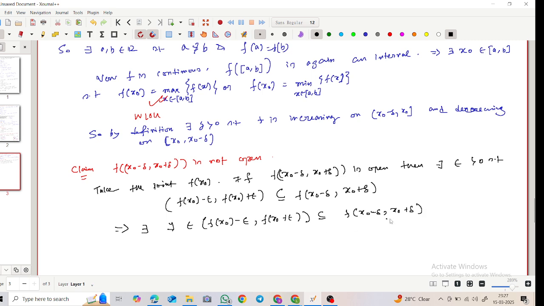So y is in the image set of this. So there exists z belonging to (x naught minus delta, x naught plus delta) such that, Shobhik, are you understanding it? Shobhik?